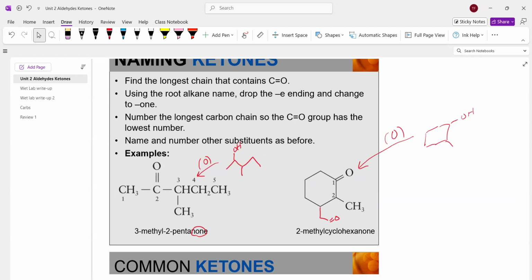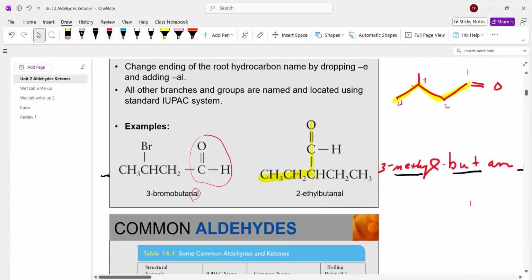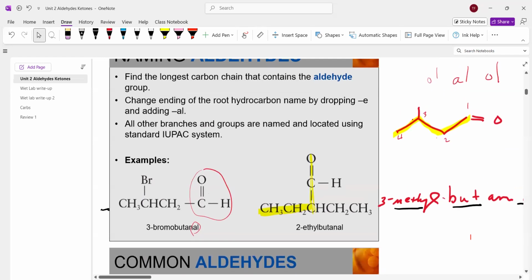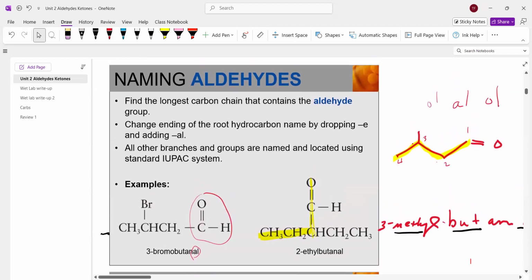For the ketone, we have the ring formation for it, and it starts at 1 still for the ring structure, but I thought for aldehydes, whenever it starts at 1 it's an aldehyde.